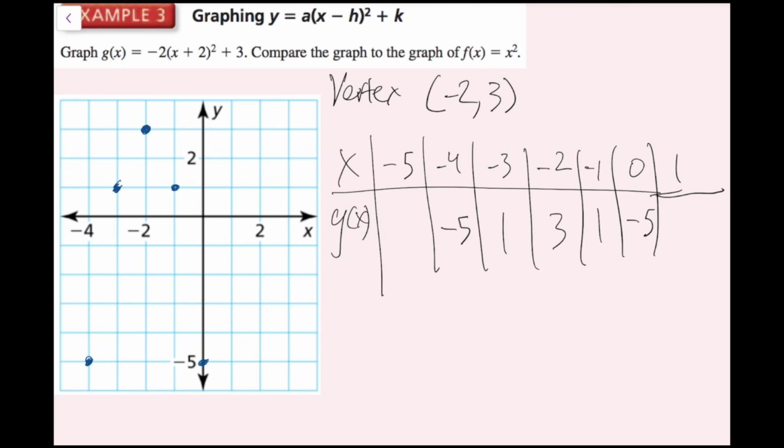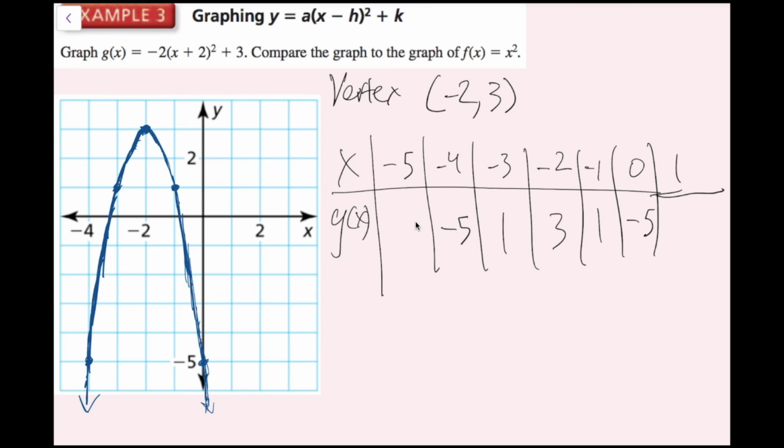Now I'll sketch my parabola. Going to round it out so it doesn't look too pointy, because they're not pointy, it's smooth. Anyway, close enough.